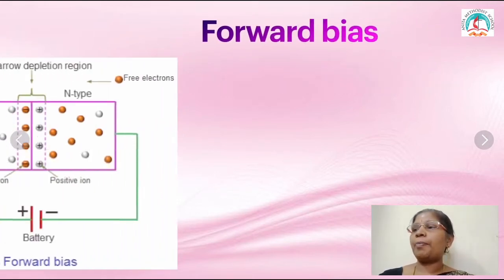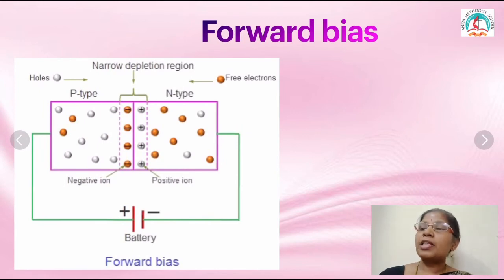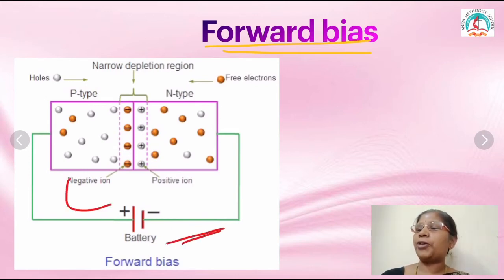What is meant by forward bias? You see the diagram. The p-type semiconductor is connected to the positive end of the battery, and the n-type semiconductor is connected to the negative end of the battery. When it is connected this way, it is forward bias. Positive is connected to positive and negative to negative.